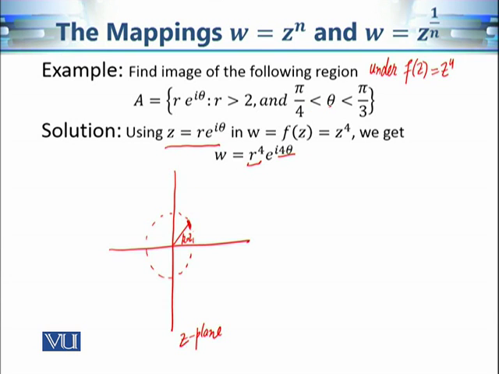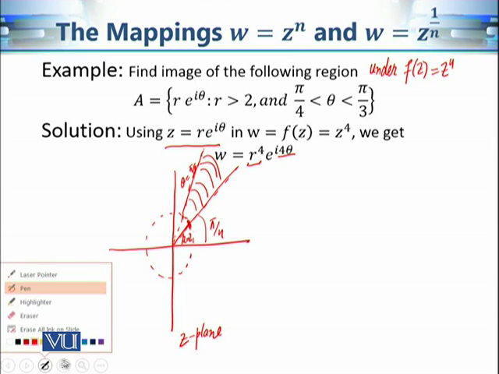In this case the condition on the argument is that it should lie between pi by 4 and pi by 3. So if this is the angle pi by 4 and this is the angle pi by 3, then the set A is basically the set of all complex numbers inside this partial sector, because these other complex numbers are not included.